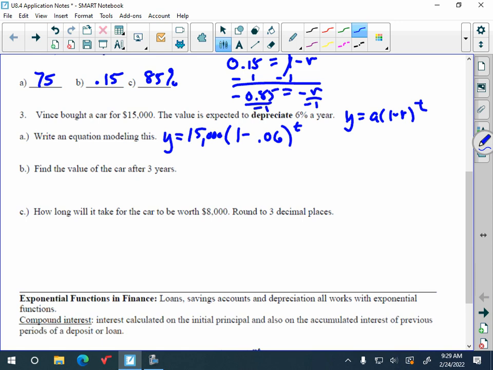All right, now B, find the value of the car after 3 years. So 3 years is time, so that 3 is going to go in for t. So 15,000 times, we could simplify this just because it's easier to put in the calculator.